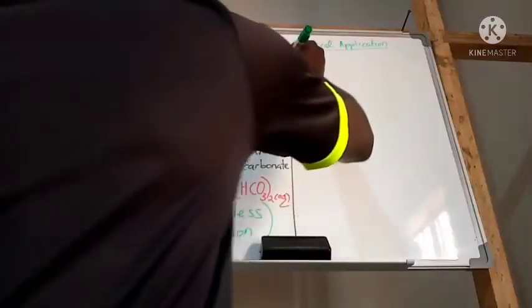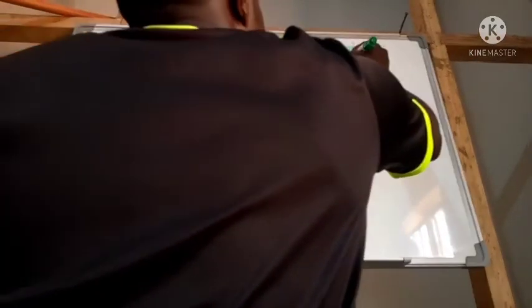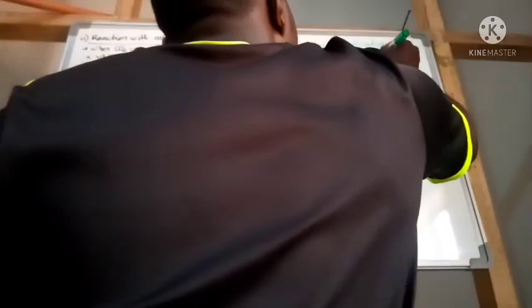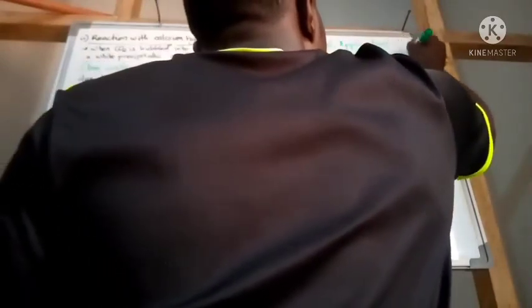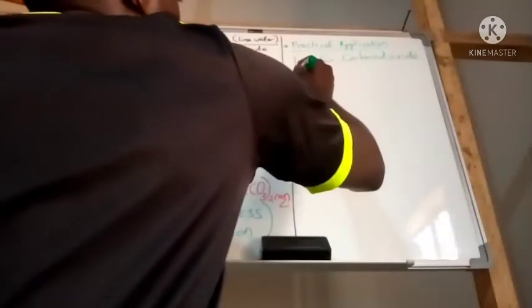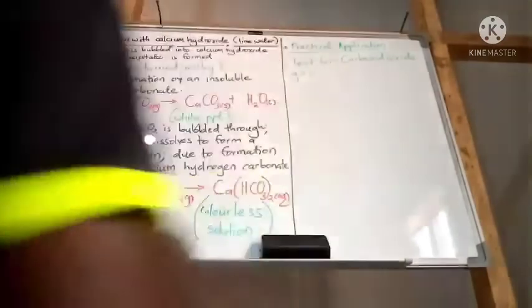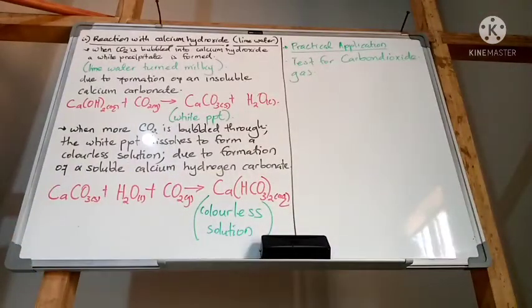Practical application is test for carbon dioxide gas. If you want to confirm that the colorless gas you're seeing is carbon dioxide, then just bubble it through lime water. You can identify that, sincerely speaking, this is now carbon dioxide.